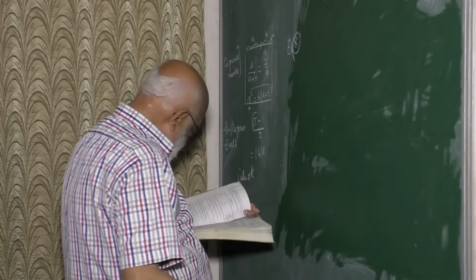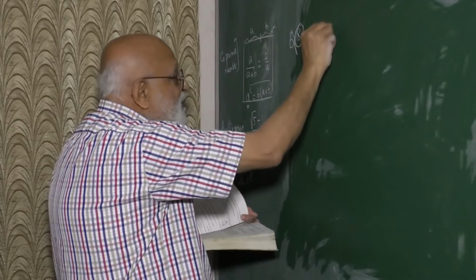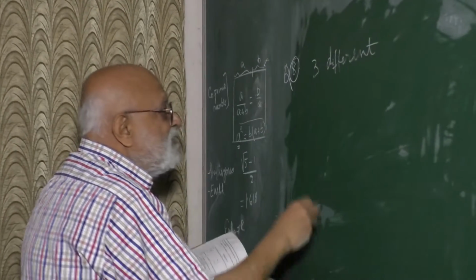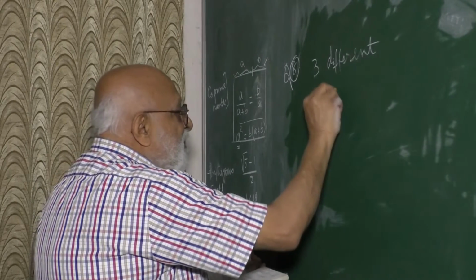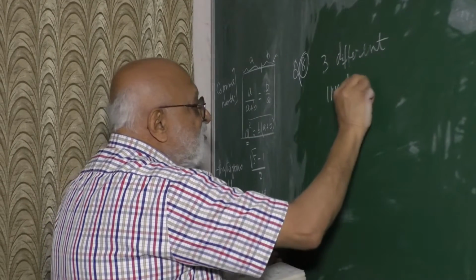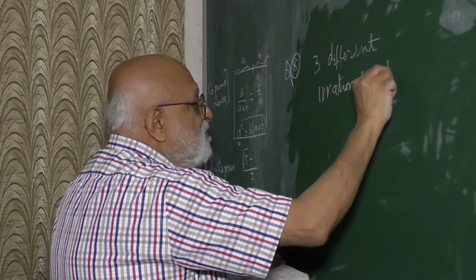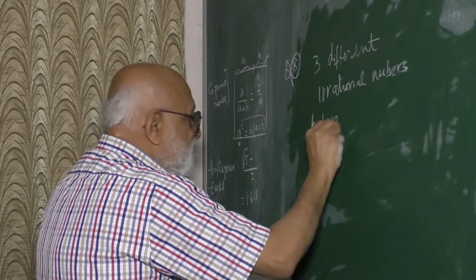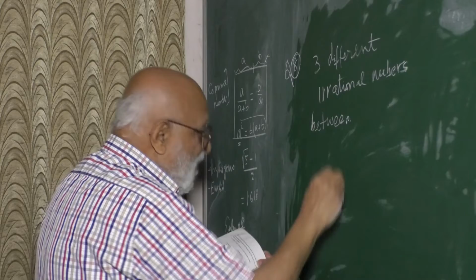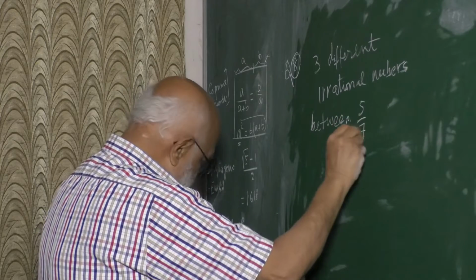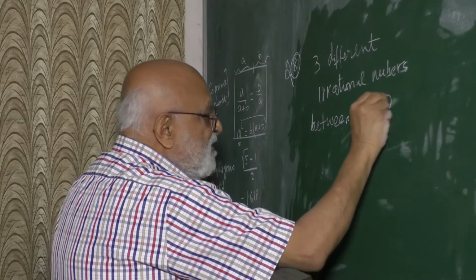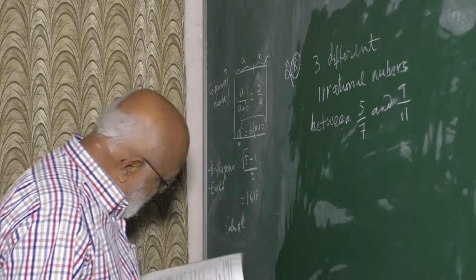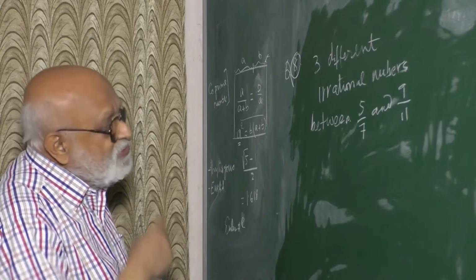It says 3 different irrational numbers between 5/7 and 9/11. Then first of all, what will be my job?